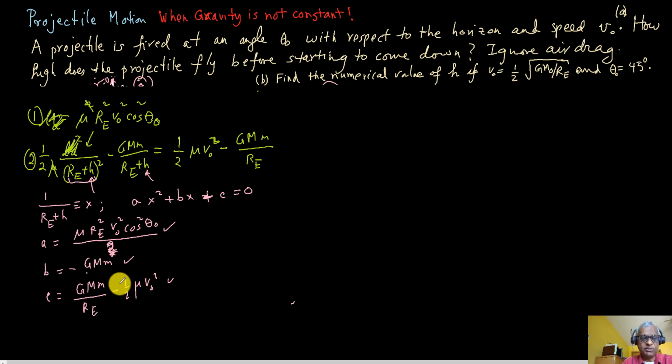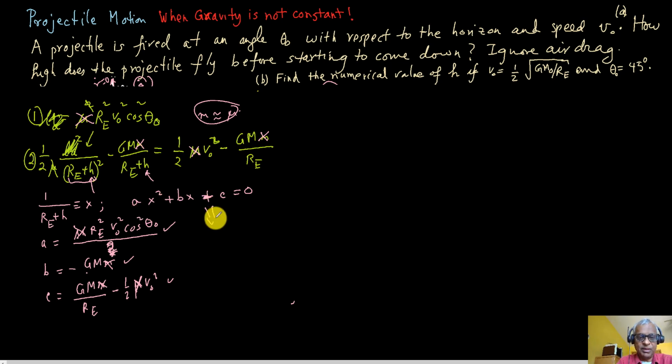So all of these are known once we know the masses and things like that. But you can also see that if I take m close to mu, then I can actually get rid of this mu, this m. So I don't need to be given the mass of the satellite, right?